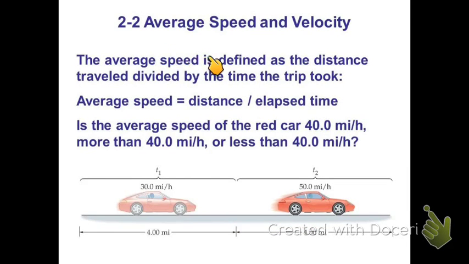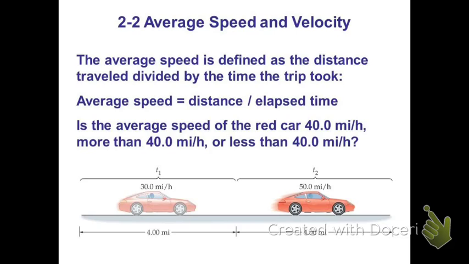Now let's define what the average speed is. The average speed is defined as the distance traveled divided by the time the trip took. By definition, the average speed cannot be a negative quantity, because distance is always positive and time is of course always positive. So let's do an example of the motion of this red car and find its average speed.